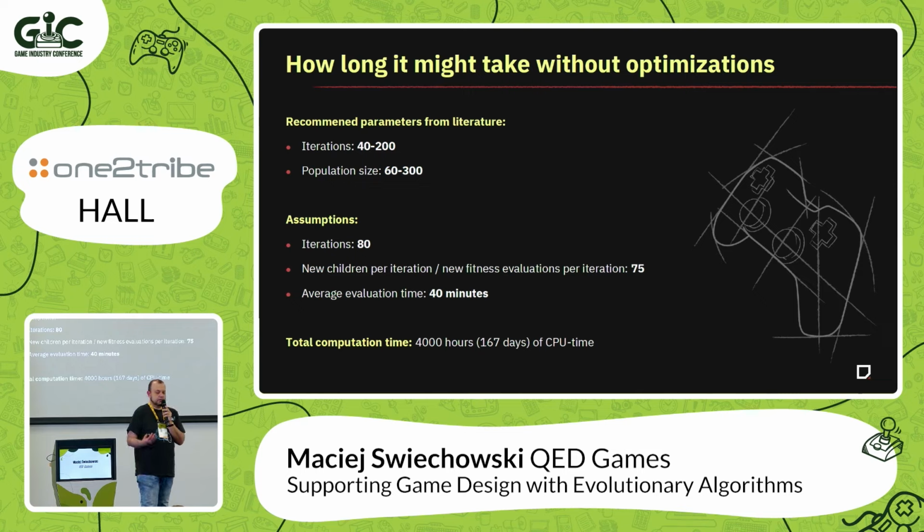For example, 80 iterations of this algorithm, and we don't care that much about the population size, the number of individuals, the number of sets of parameters. We mostly care about how many new individuals need to be evaluated in each iteration, because this evaluation takes the form of a simulation in your game. So it takes time. The simulation is the longest part.